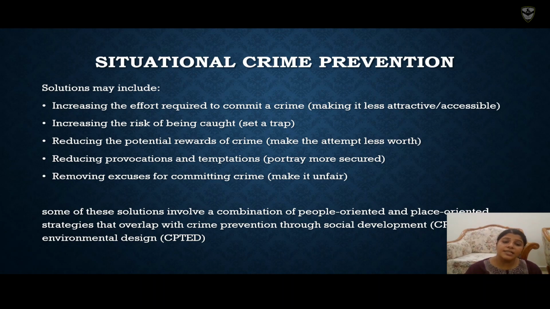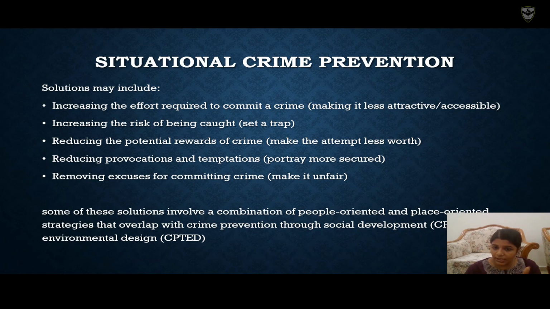Next is removing excuses for committing crime. You make the laws or the punishment that is provided in such a way that obviously no one would provide an excuse for committing crime. Some of these solutions actually involve two things.